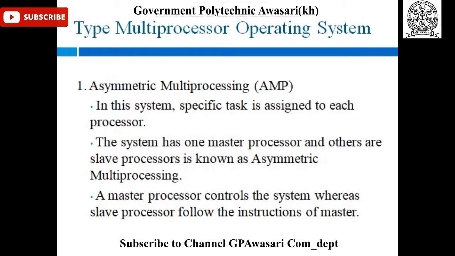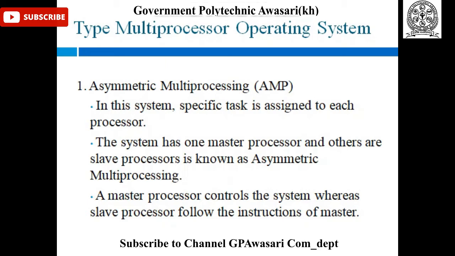In this system, a specific task is assigned to each processor, means there will not be any processor without a task. The system has one master processor and others are slave processors, is known as asymmetric multiprocessing.